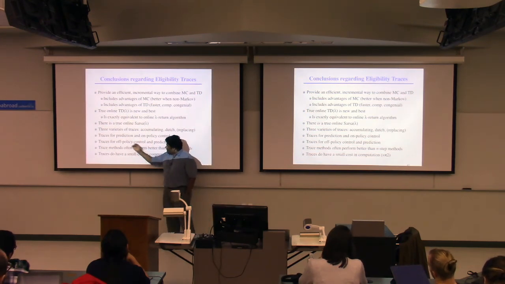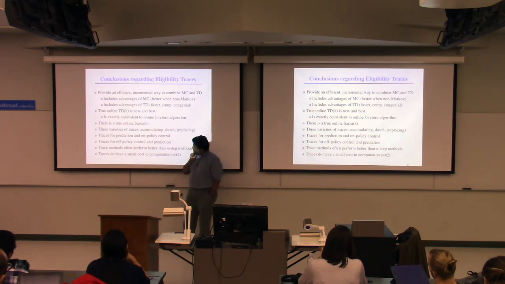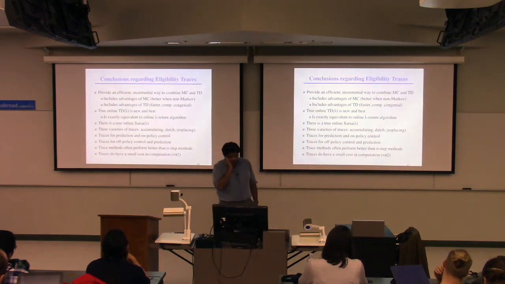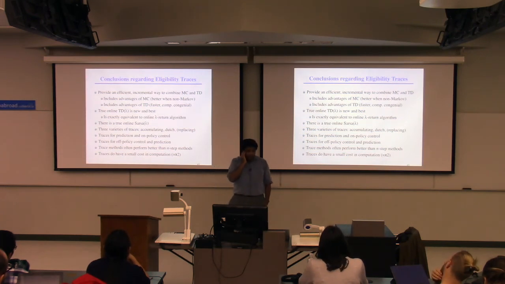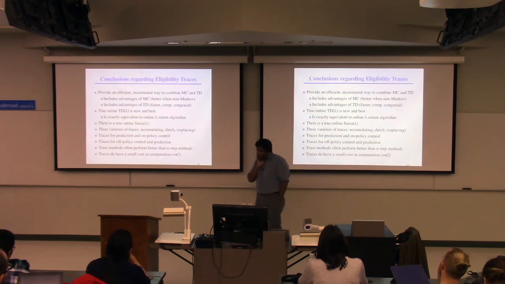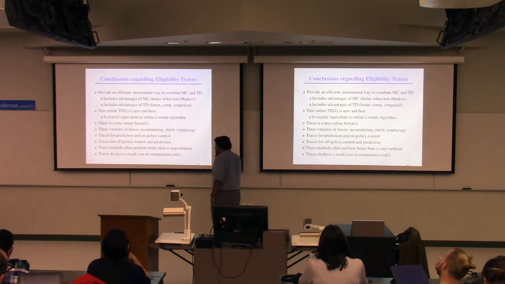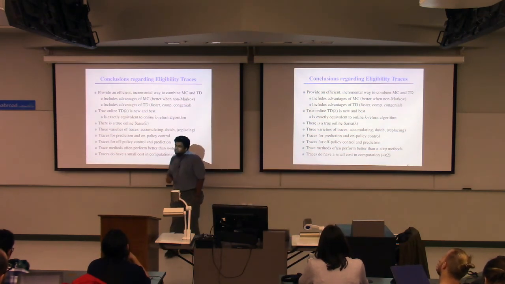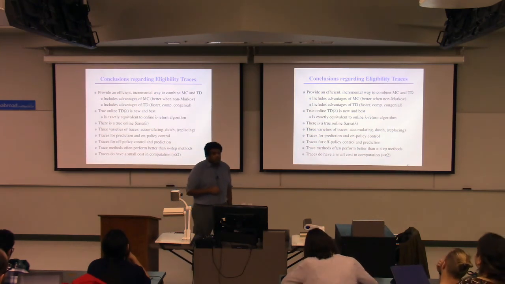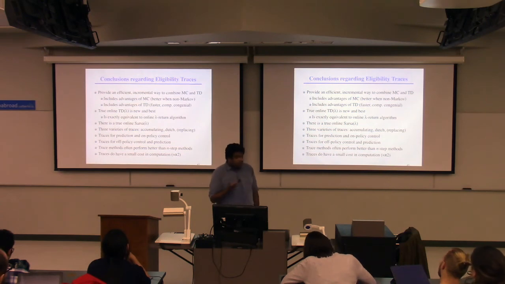Then today we went more into detail on traces for off-policy control and prediction. Hopefully you saw in some of the graphs yesterday that trace methods are better in various ways than n-step methods. And it doesn't come entirely for free, but it's still linear, right? So they have a small additional computational cost because you're storing around these extra vectors. But everything's still linear, a small additional factor. Good.